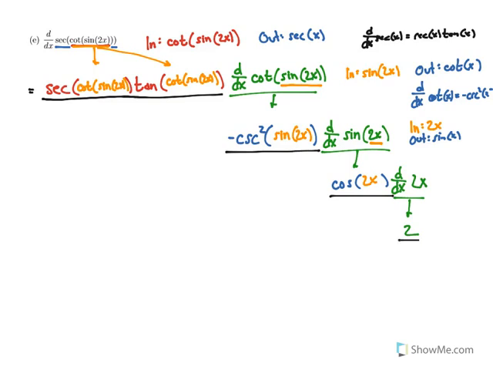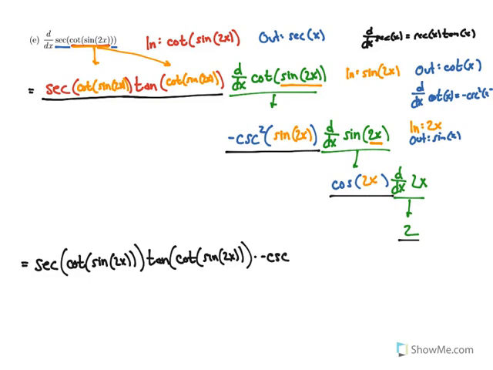So putting everything together, our final answer is secant of cotangent of sine of 2x, tangent of cotangent of sine of 2x, times negative cosecant squared of sine of 2x, times cosine 2x times 2.